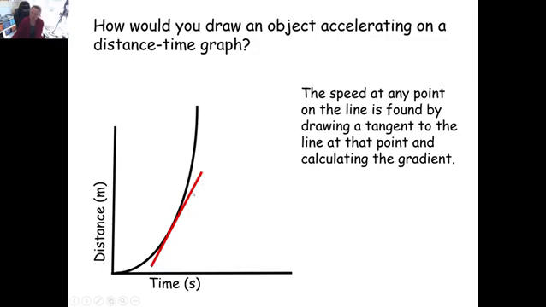So when you draw a tangent, you're trying to get that straight line sort of the same distance one side of the curve as it is the other side of the curve, so that it's effectively perpendicular to that curve. And then you would draw your triangle and work out the gradient, and that would give you the speed at that particular point in time.